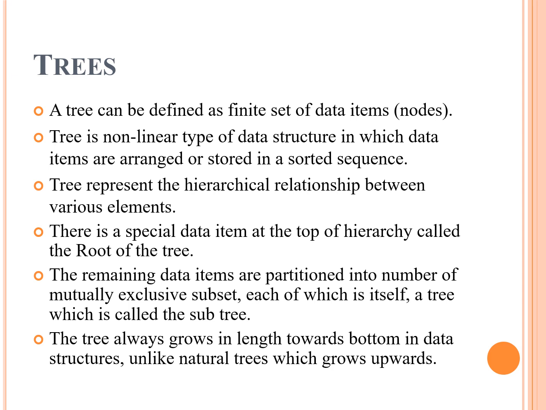There is a special data item at the top of the hierarchy that is known as the root of the tree. The remaining data items are partitioned into a number of mutually exclusive subsets, each of which is itself a tree, which is called a subtree. The tree always grows downward, unlike natural trees which grow upward.